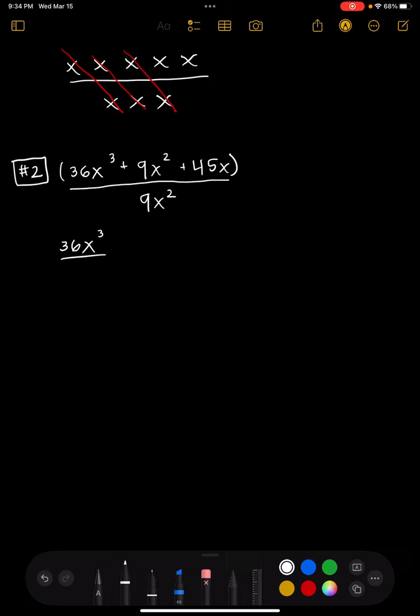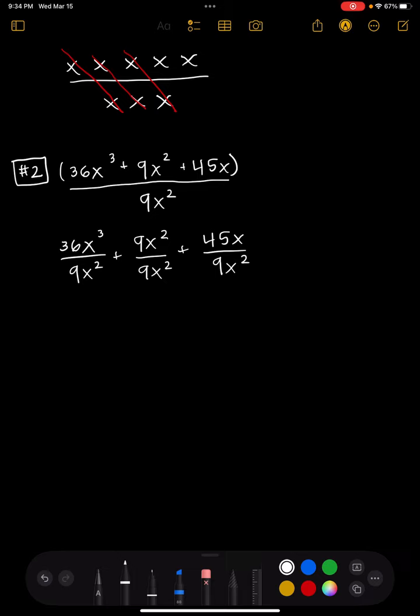36x cubed over 9x squared plus 9x squared over 9x squared plus 45x over 9x squared. And now we're going to simplify them each individually. We start with the first fraction.